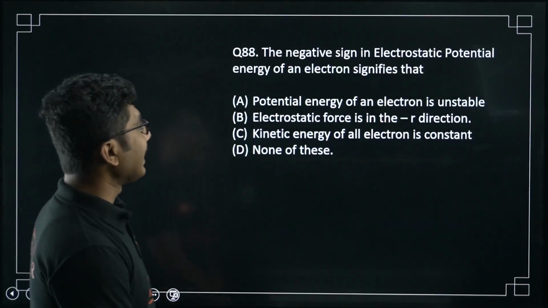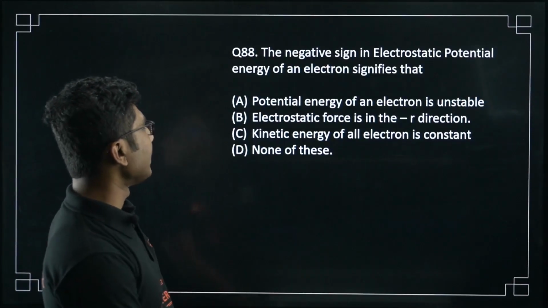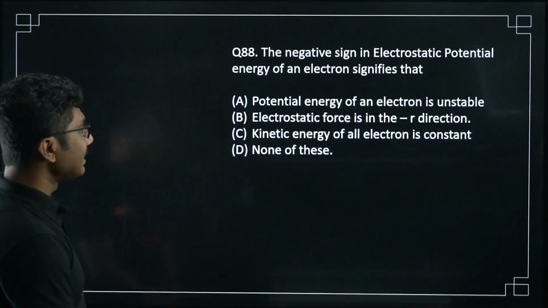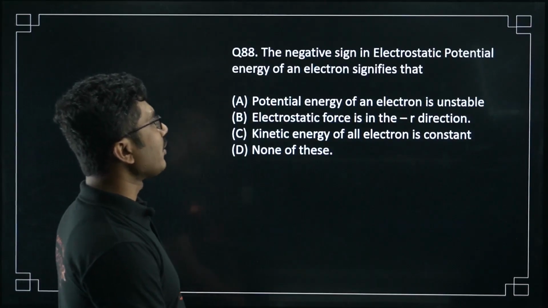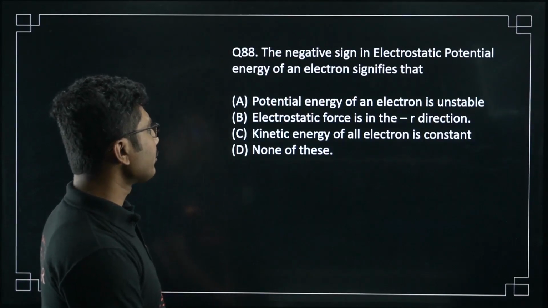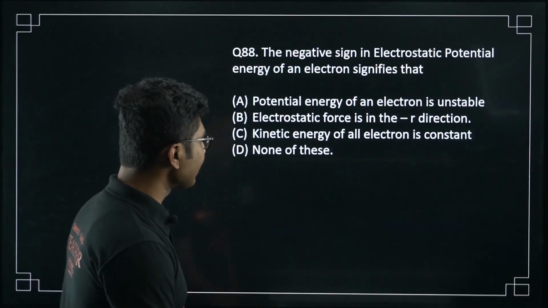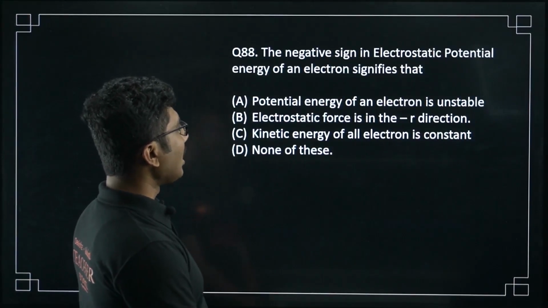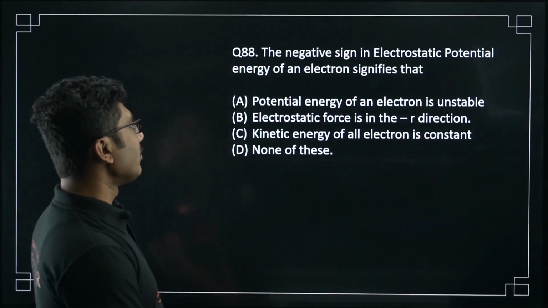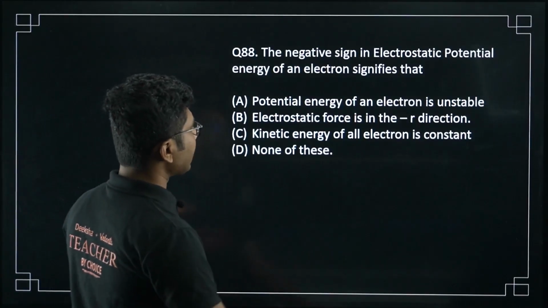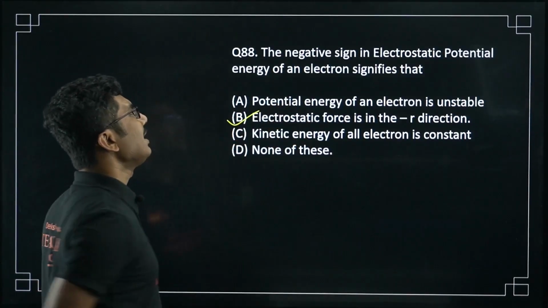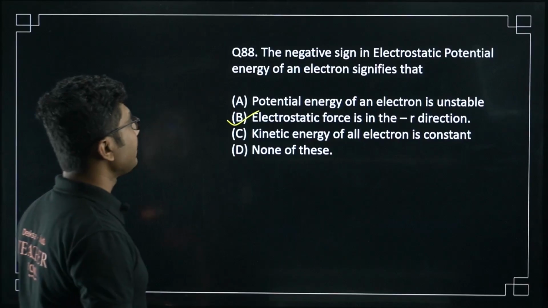Next, the negative sign in electrostatic potential energy of an electron signifies that the electrostatic force is in the negative r direction. Okay, so the negative sign of electrostatic potential energy means force is acting in the opposite direction to the displacement, that is, electrostatic force in the negative r direction.